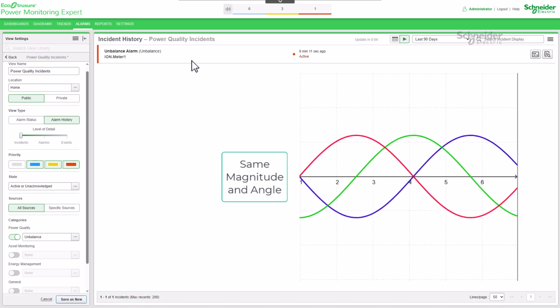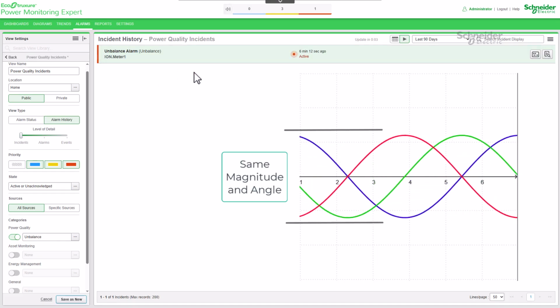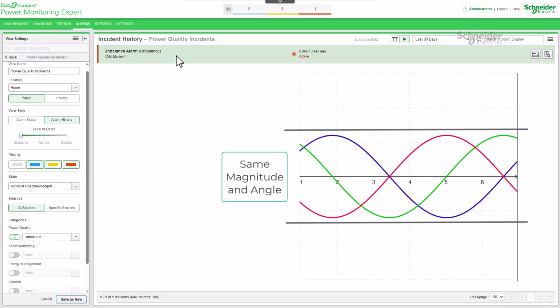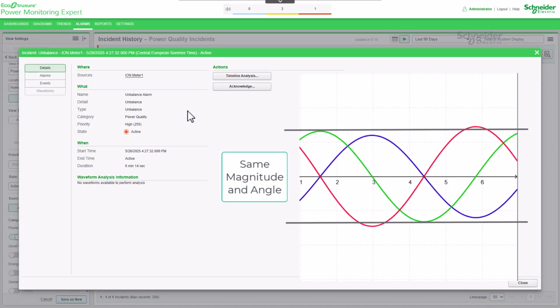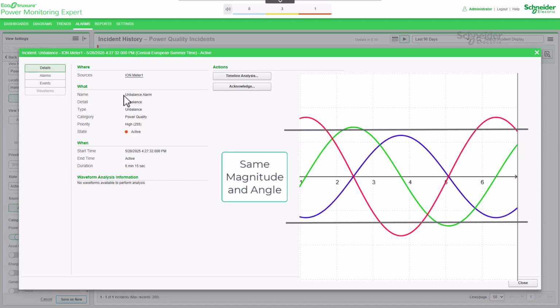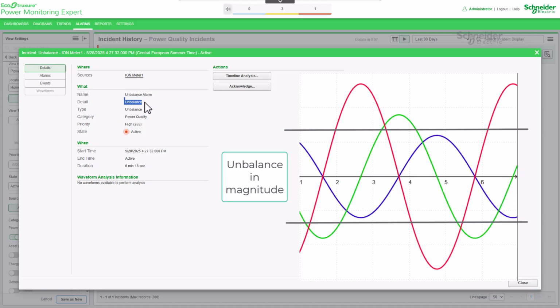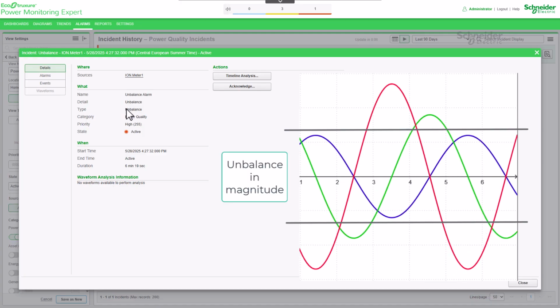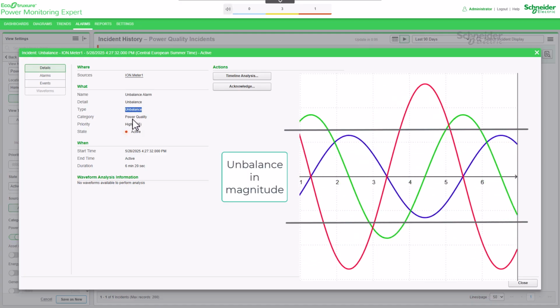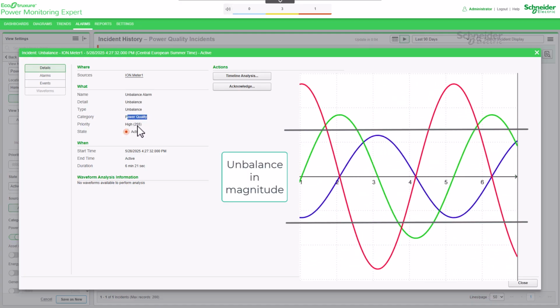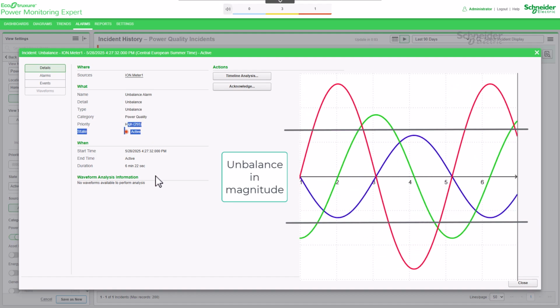Unbalance. Voltage unbalance or imbalance occurs when the three-phase voltages in a power system deviate from a balanced state. This means the voltage magnitudes or phase angles between the three phases are not equal. In a balanced system, the voltage magnitudes are equal and the phase angles are separated by 120 degrees.